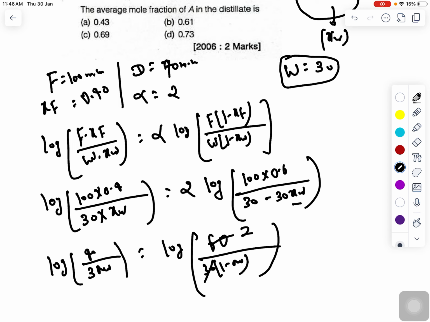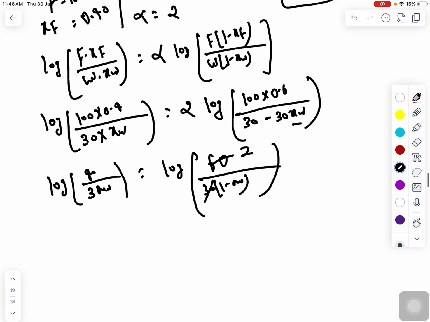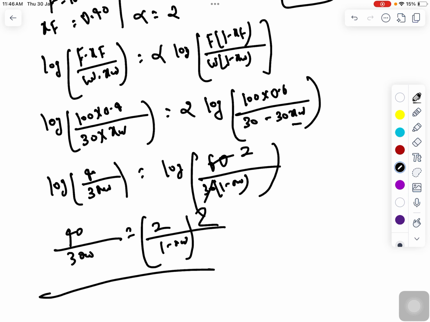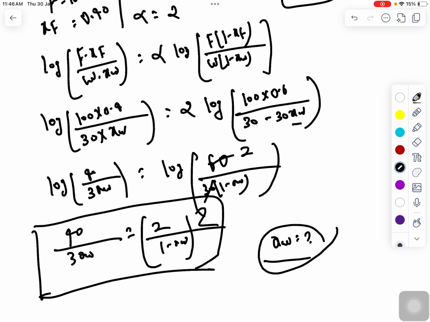So finally I'll be getting 40 divided by 3 XW equals whole square, right? So based on that we can calculate the value of XW from here. Okay, that's it.